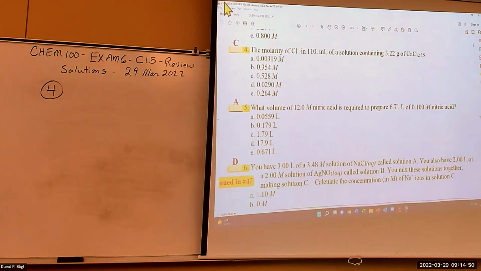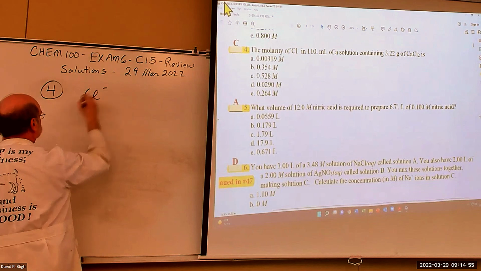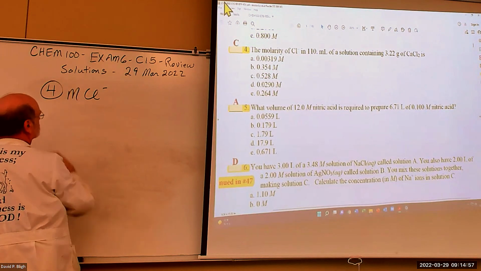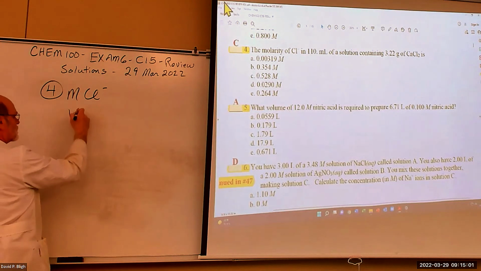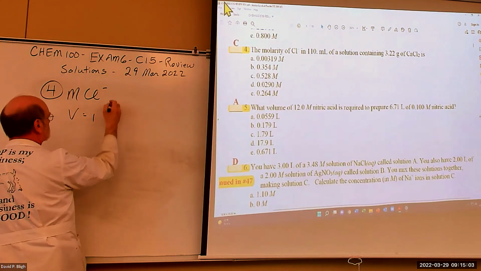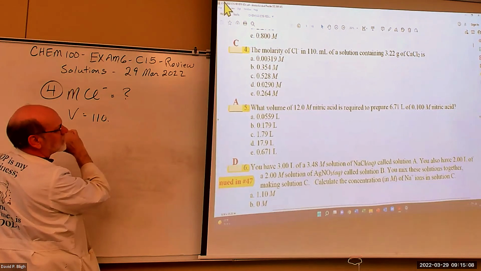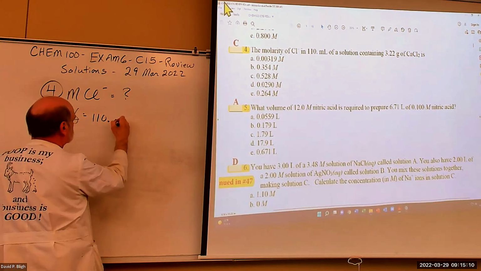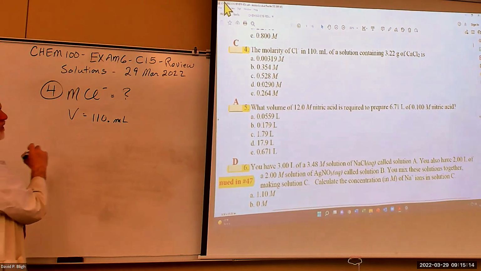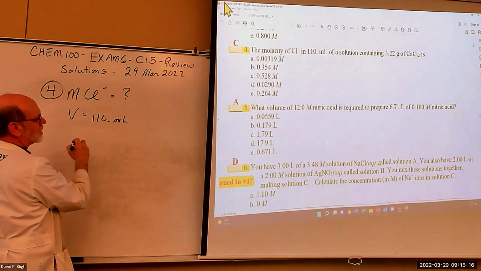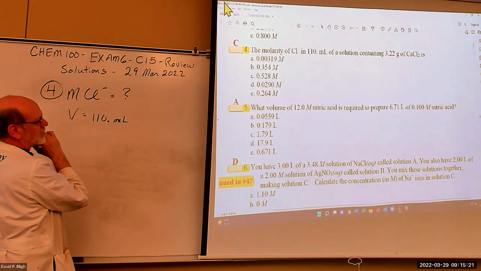The molarity of chloride. We want to know the molarity of chloride ions in 110 milliliters of a solution containing 3.22 grams of calcium chloride.